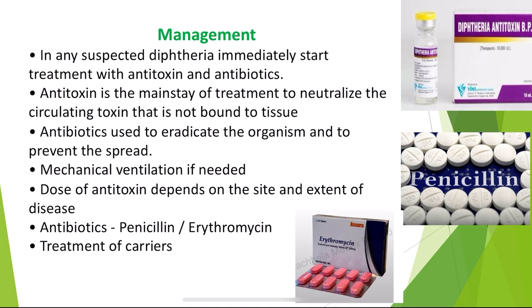Mechanical ventilation can be given if needed, and the dose of the antitoxin will depend upon the extent and severity of the disease, as we discussed in our previous slides. The antibiotics, as I discussed earlier, are penicillin and erythromycin, and we also treat the carriers.